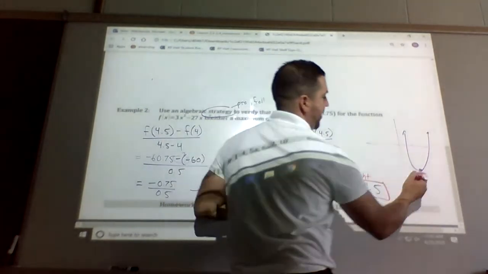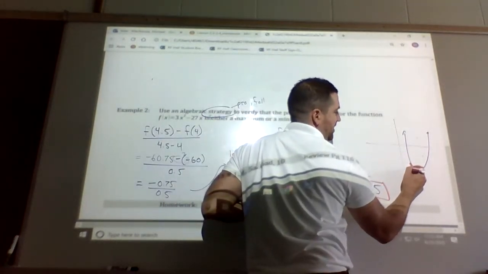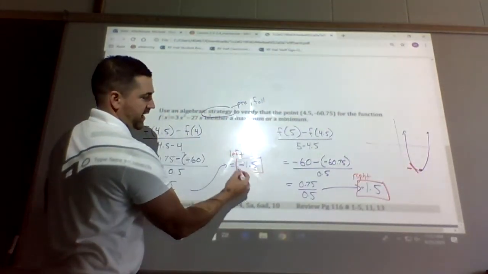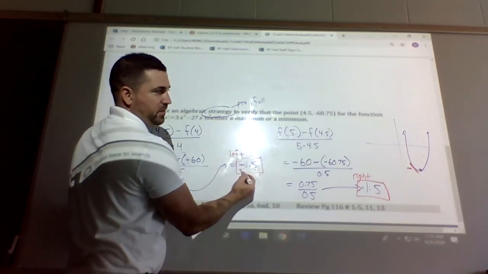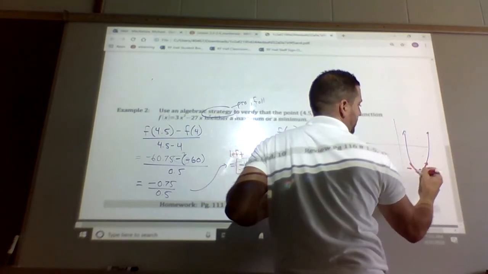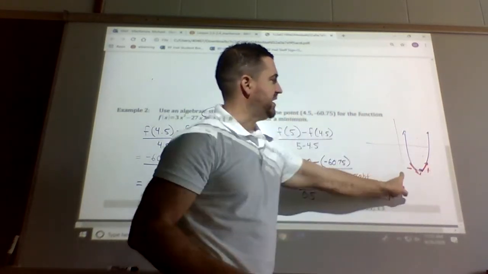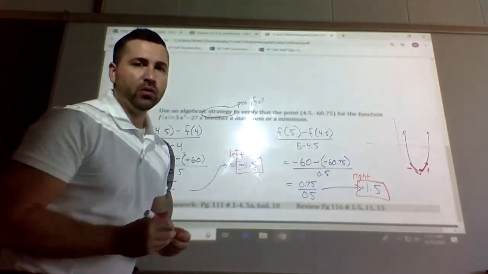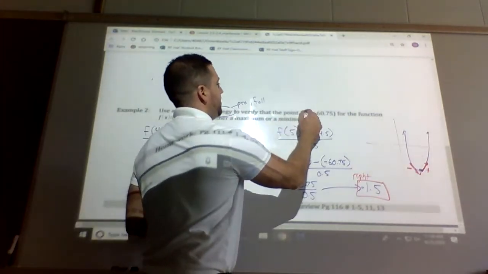What we did was find the slope right before it. The slope here was negative, so we had a negative slope to the left. And then the slope right after it was positive. So if it's negative then positive, that proves it was a minimum value.